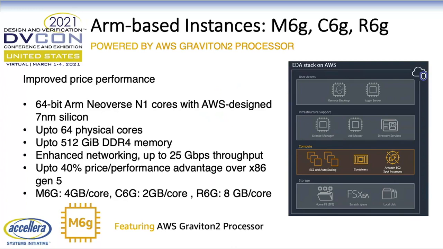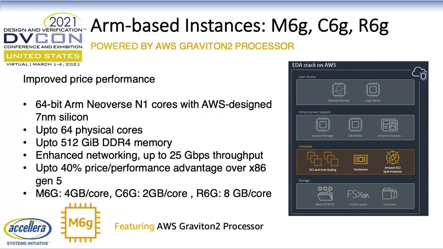Instances within the family come in different what we call instance types. These allow you to select how many cores you want and how much memory you want in the instance. So on the largest size of the instances, you can get up to 64 physical cores and up to 512 gigabytes of DDR4 memory. Also, the C6GN has a newer advanced networking.